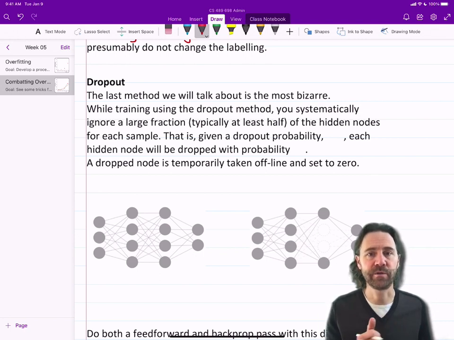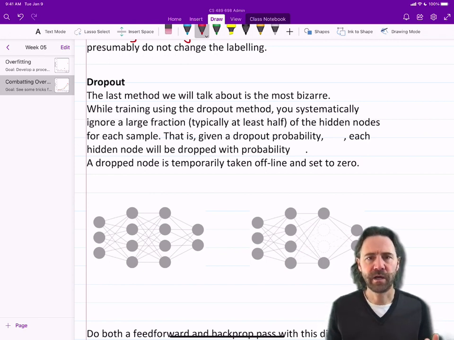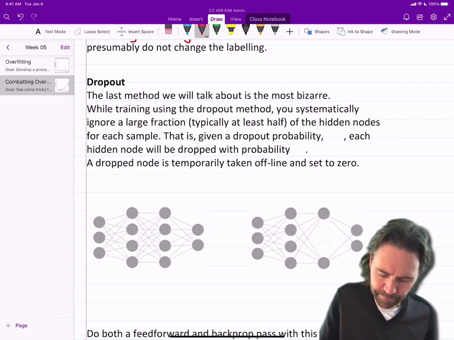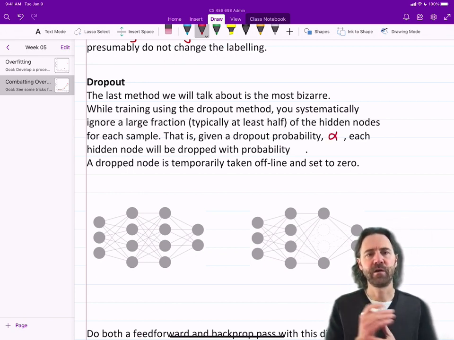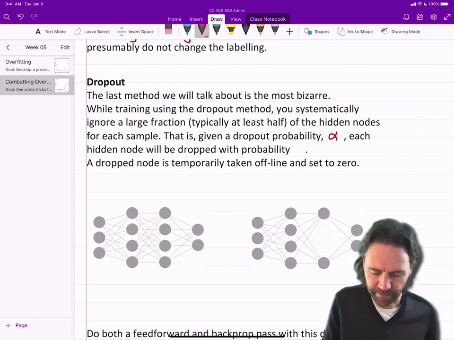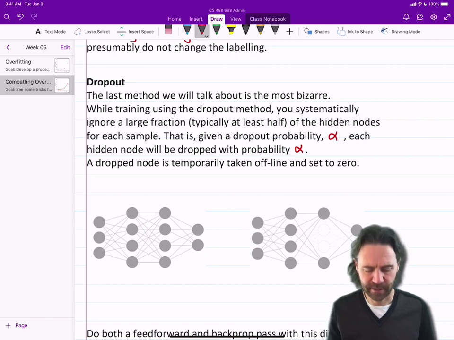and you try to still generate your output. So for example, given a dropout probability of alpha, each hidden node will be dropped with a probability of alpha. That might be 80%, 0.8.